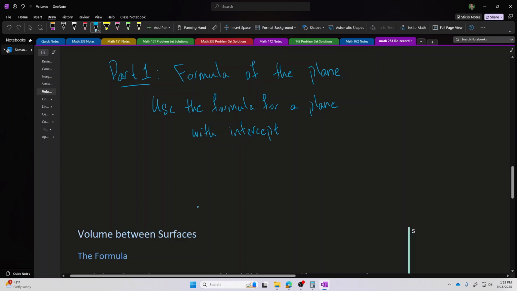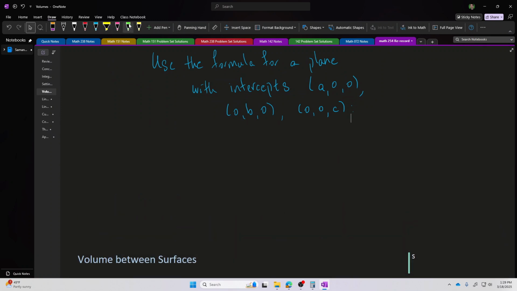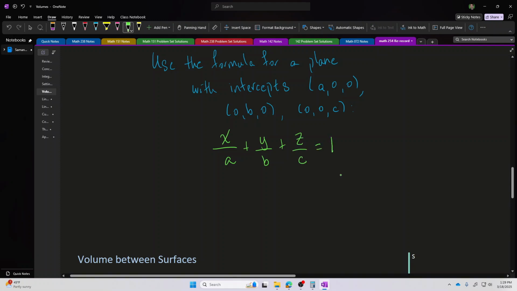If you know a plane's intercepts, (A, 0, 0), (0, B, 0), and (0, 0, C), the equation of the plane can be written in the following format: x divided by the x-intercept, y divided by the y-intercept, z divided by the z-intercept, all equals 1.